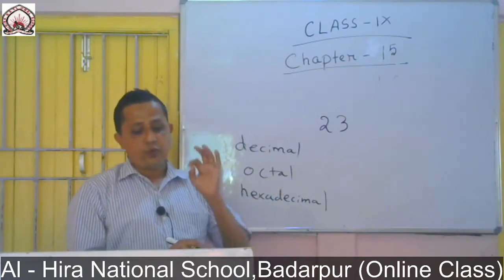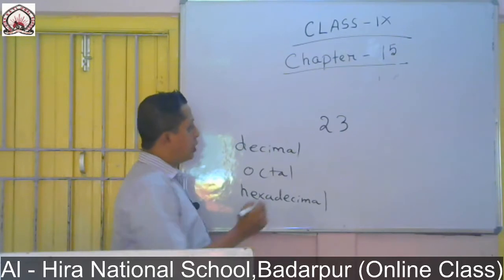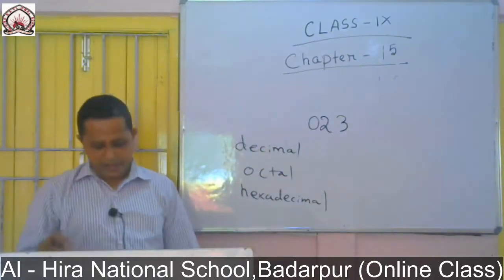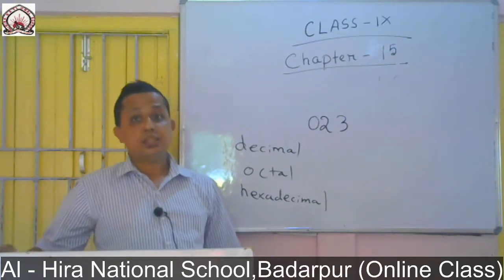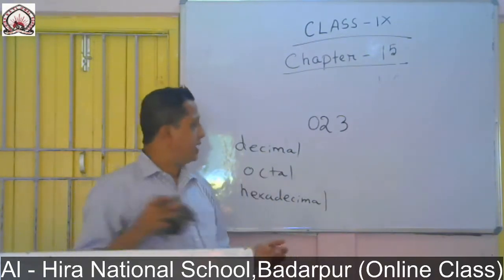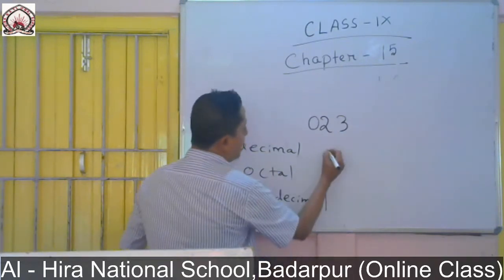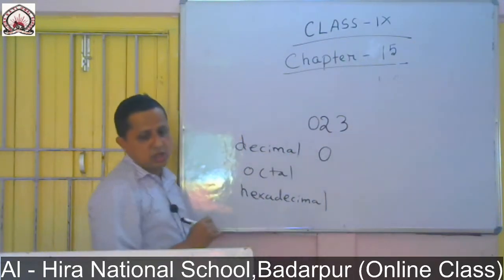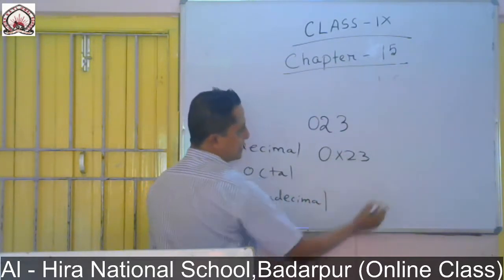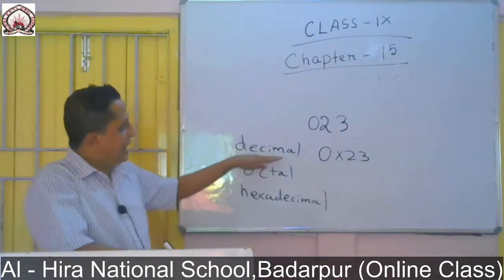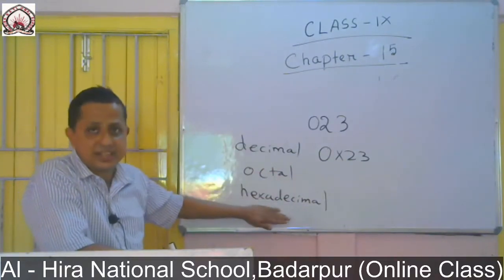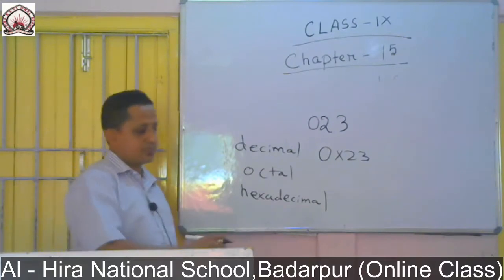In case of an octal number, an octal number is always preceded by a 0. And a hexadecimal number is preceded by 0x. Say this is a hexadecimal number. The base of decimal is 10, the base of octal is 8, and the base of hexadecimal is 16.